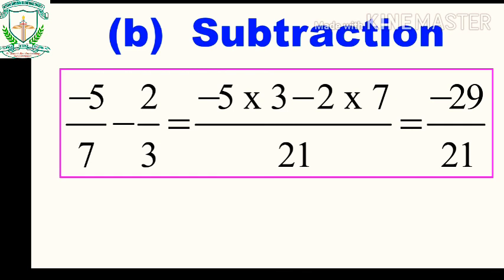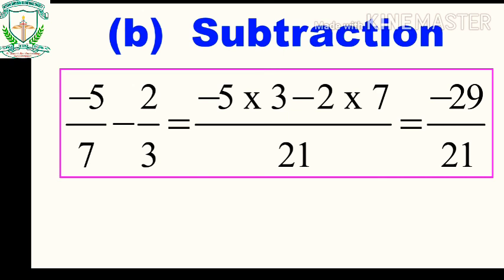Minus 15 minus 14 divided by 21. So minus 15 and minus 14 becomes minus 29 divided by 21. So the result is also a rational number.